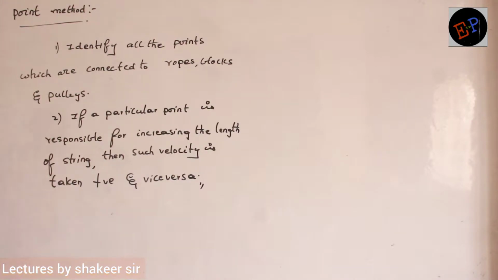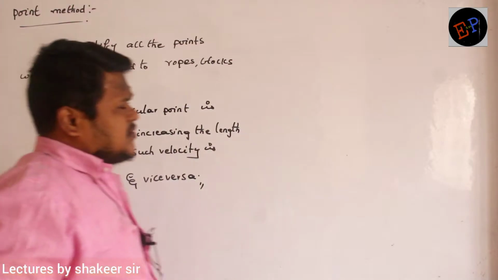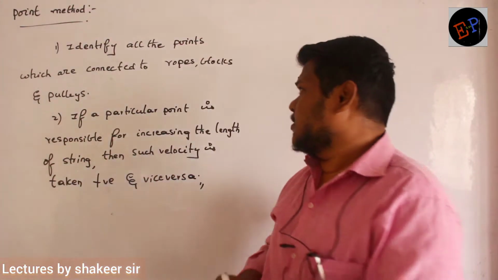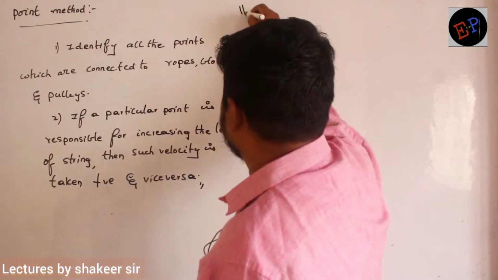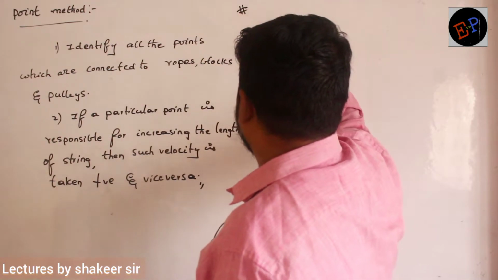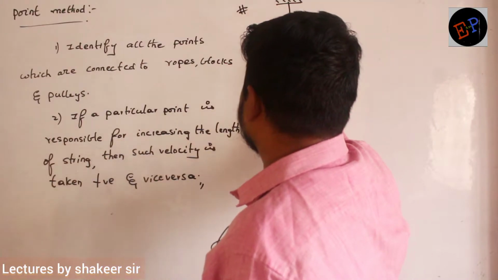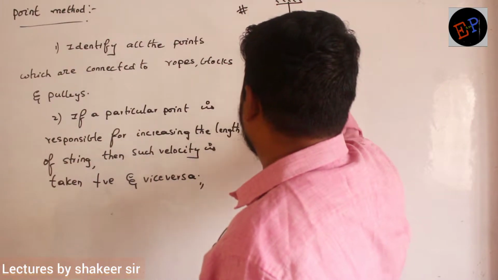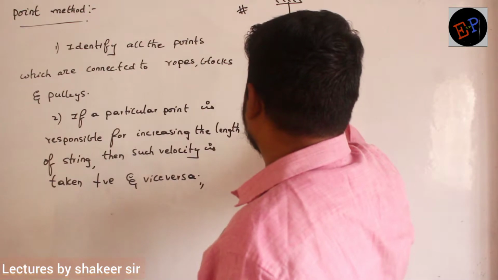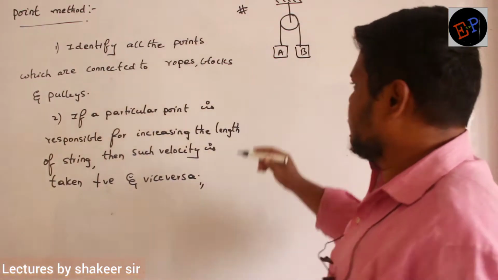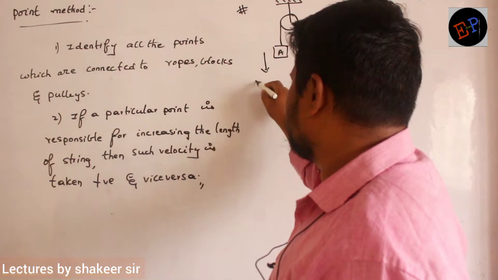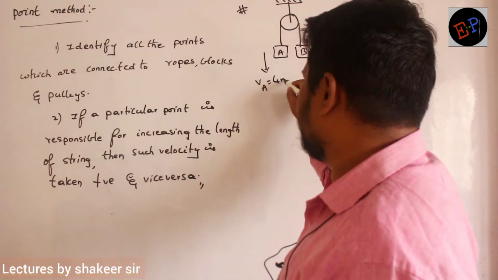Okay. Clear? So let us try to understand this one by taking one example. See, for example, this is the pulley. Consider this is block A and this one is block B. So let us consider velocity of block A is 4 meter per second.